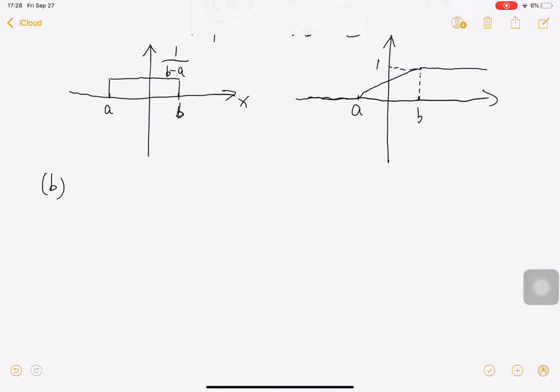Let's jump to question B. Question B has more conditions, as A is -1 and B is 3. And we have to find and draw the mass function of y and the density function of y.